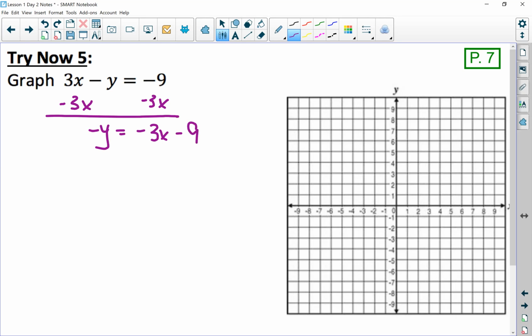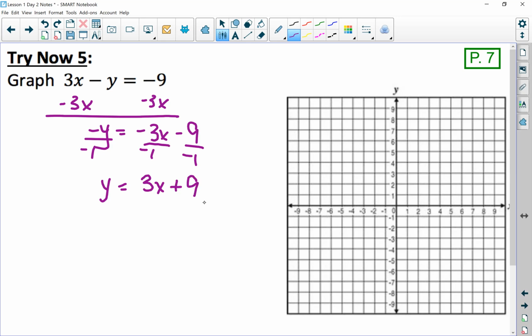Then divide everything by -1. So we get y equals -3 divided by -1 is +3, and it has the x with it. -9 divided by -1 is +9.